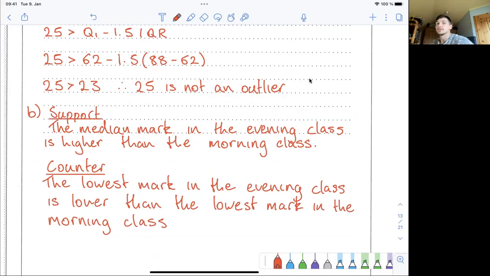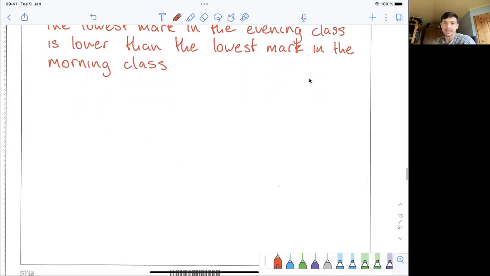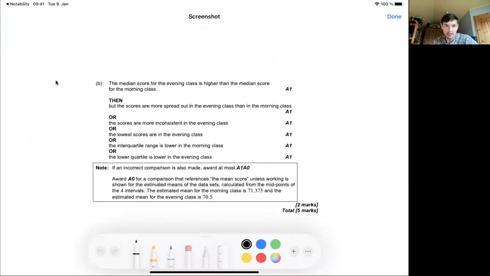Now, what I'm also going to do to wrap up this video is bring you over what the mark scheme says, because if you notice something else, especially to counter his claim, there are plenty of options. So here, this is what the mark scheme for this exam says about this question.